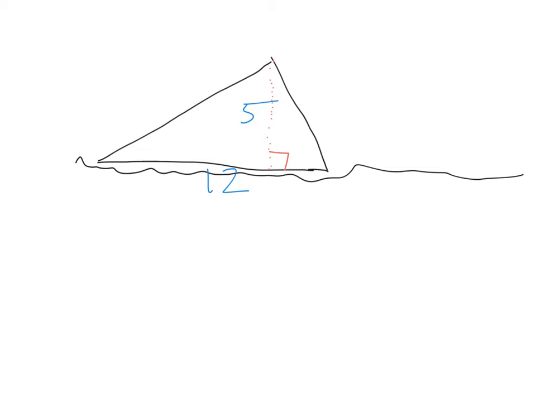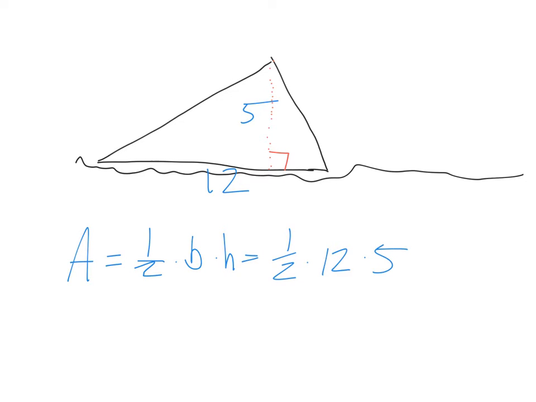All right. So to find the area, I do the area formula. Area equals 1/2 times base times height. I write 1/2 times 12 times 5 equals, and then I start thinking, all right, well, what do I do here? I like to do the 12 times 5 first before I use the half. Actually, I could do it this way.